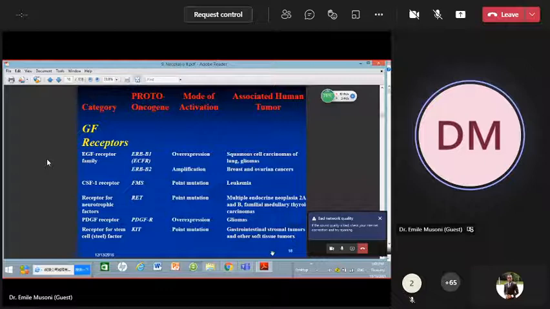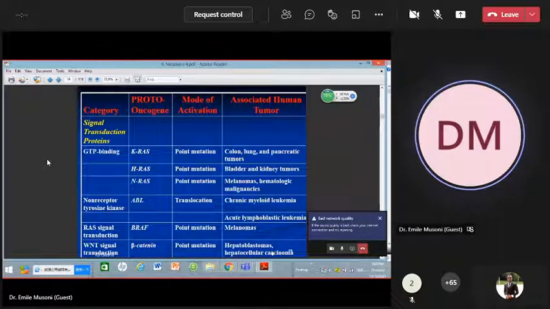I don't ask you to memorize all those growth factors. What you must know is that some growth factors, through the proto-oncogenes, can have point mutation or amplification, and this will lead to a malignant tumor.